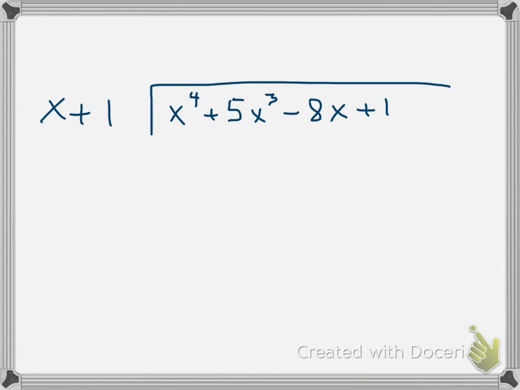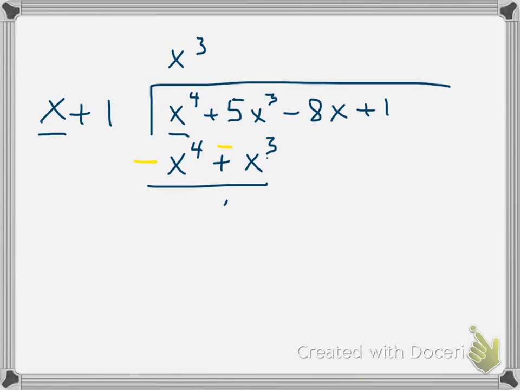Okay? Y'all don't write this down. We can correct it together, but don't work ahead of me. X divides into x to the fourth how many times? X cubed, right? So this will be x cubed. And then we distribute x cubed times x plus 1. That gives us x to the fourth plus 1x cubed, right? And then we're going to subtract.